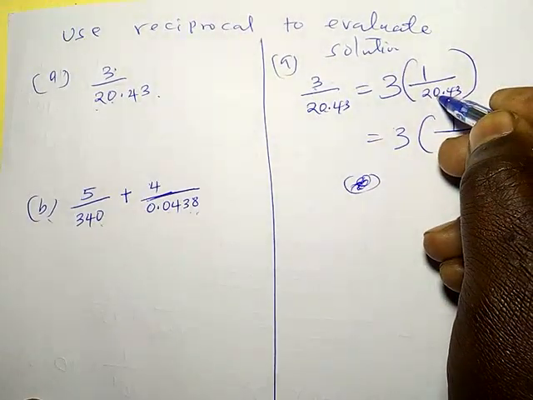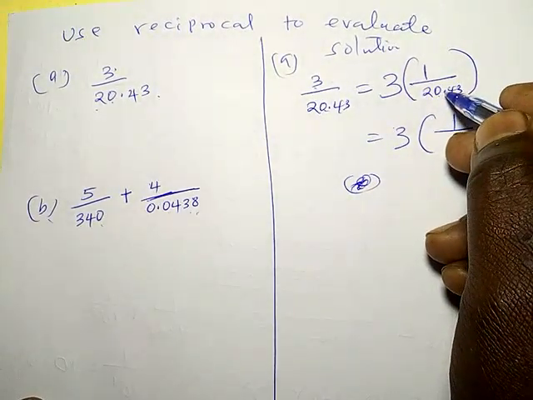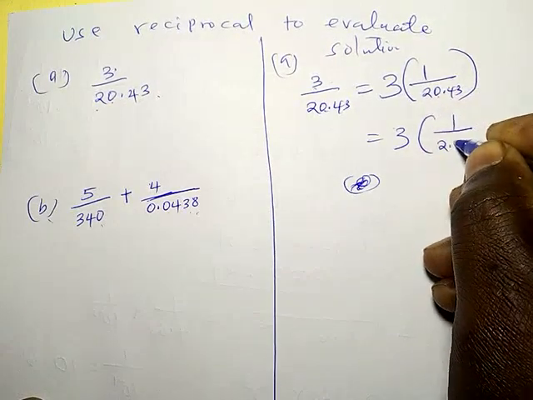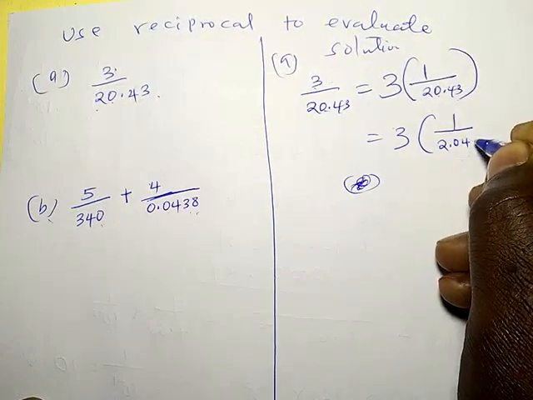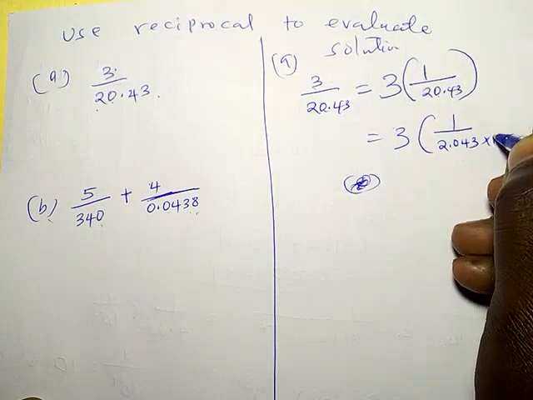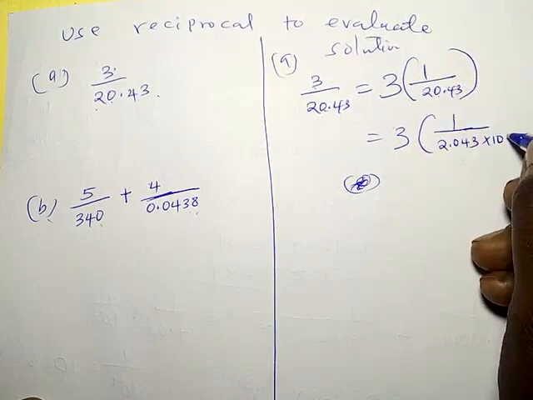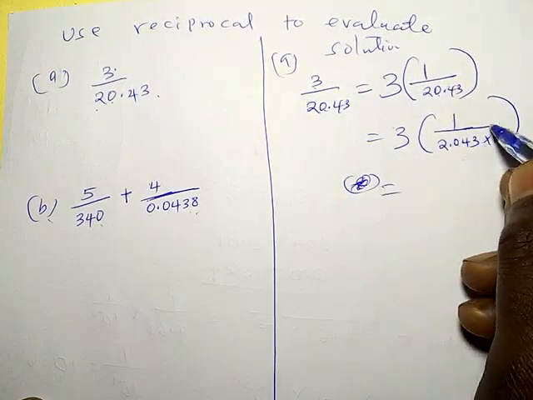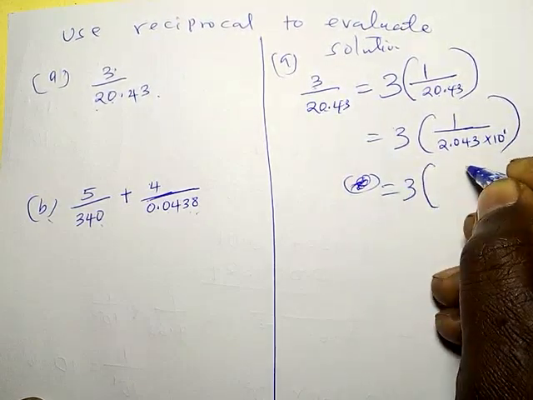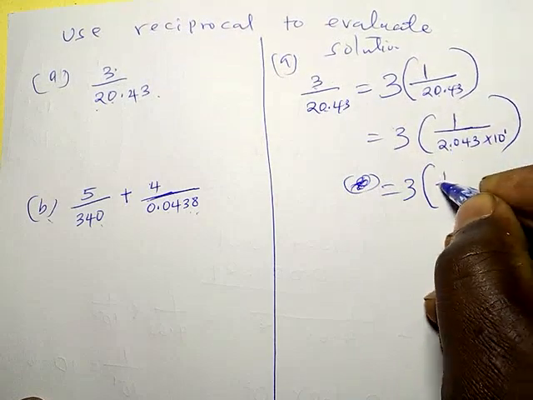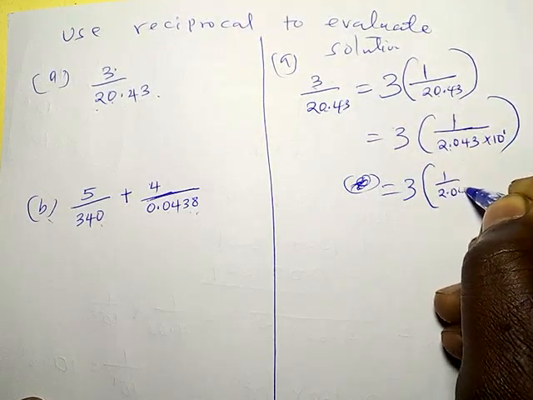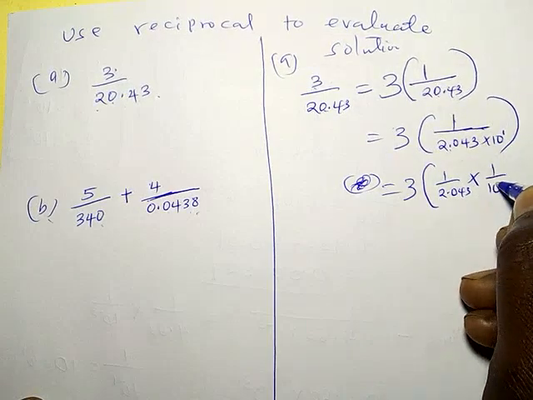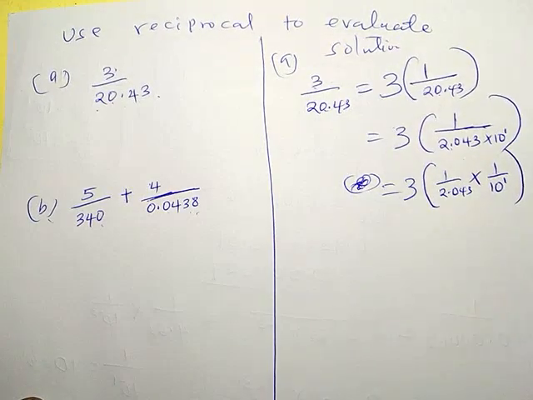Write this number in standard form because it is not there in our table. So you go back once. We have 2.043 times 10. We are going backwards, therefore raised to power 1. Again, this one we break it down like this: 3 into 1 over 2.043 times 1 over 10 raised to power 1.